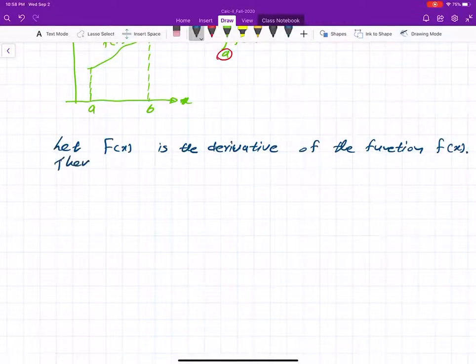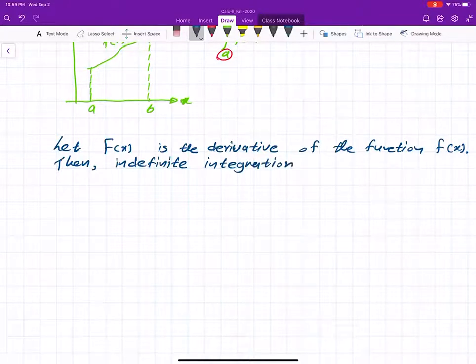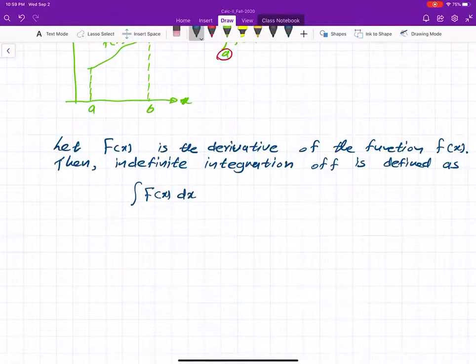Then indefinite integration of f is defined as this, which is simply F of x plus a constant.